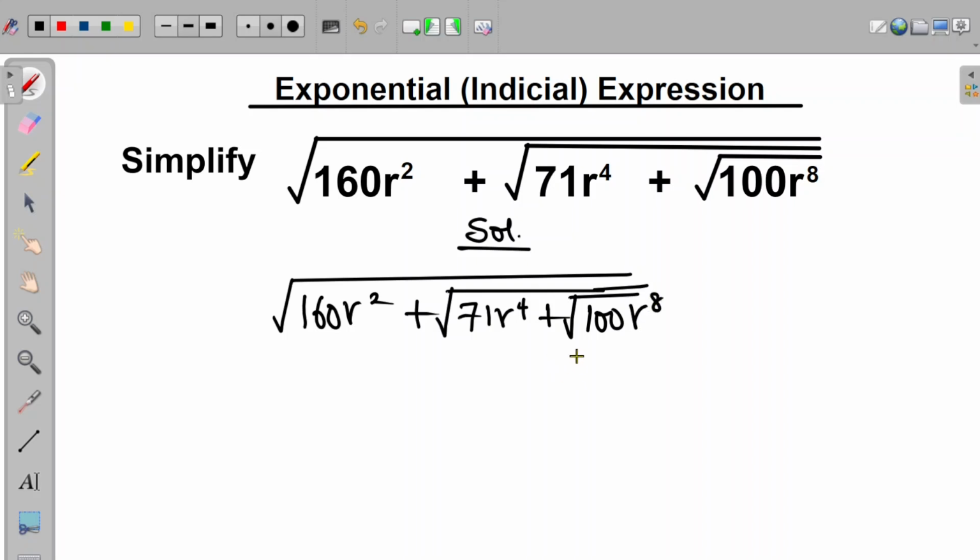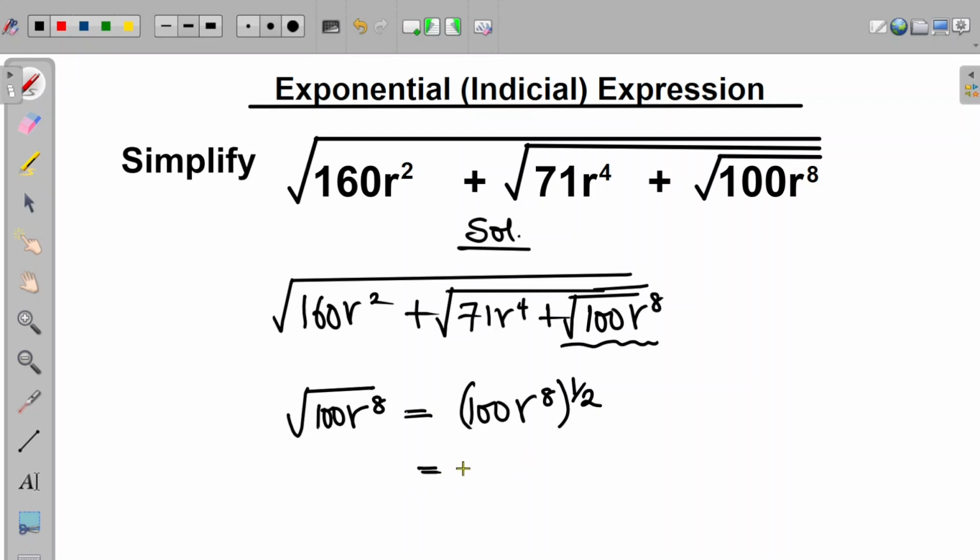So at this point, we start with the innermost expression. So we have that this is root of 100 multiplied by r raised to the power of 8. So this can be expressed as 100 r raised to the power of 8 all raised to the power of 1 divided by 2.